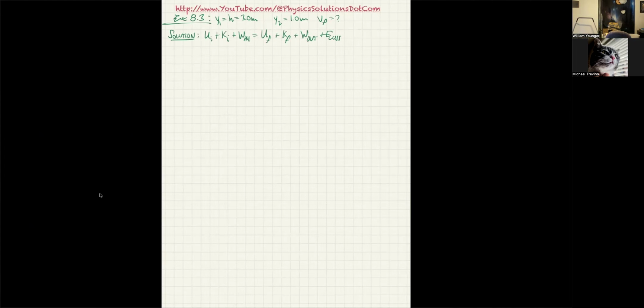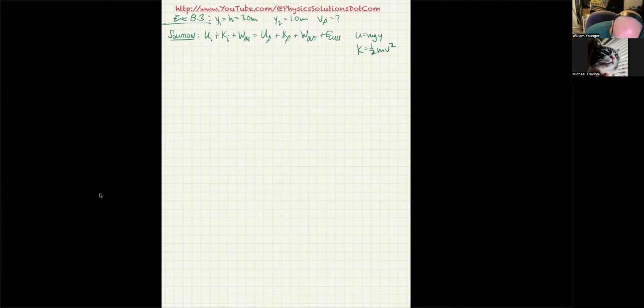And of course, we know U is equal to mg times y, and we know K is equal to 1 half mv squared. Again, that's the formula for when we're not going speeds comparable to the speed of light. If we get comparable to the speed of light, then we need to use a different relativistic formula, which I told you was gamma minus 1 times mc squared.